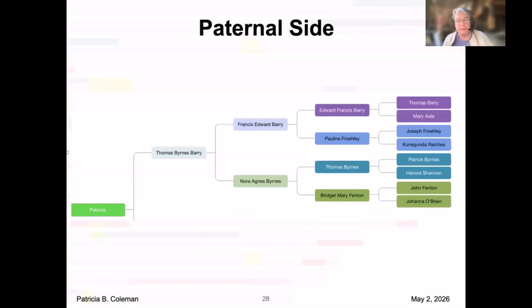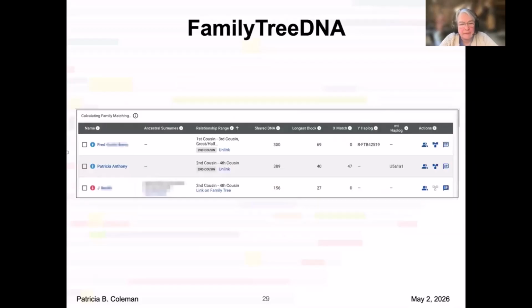So now I'm going to jump to my paternal side. And like I said, this one we've done a lot of research on the Irish ancestors. So changing over to Family Tree DNA, Fred and Trish, the top two here, are both second cousins.